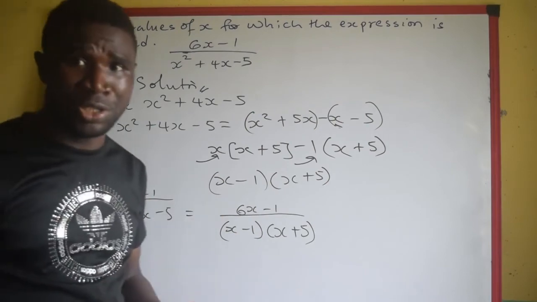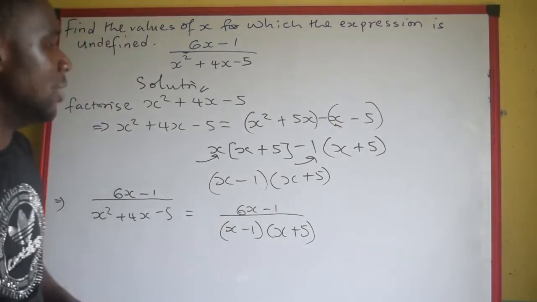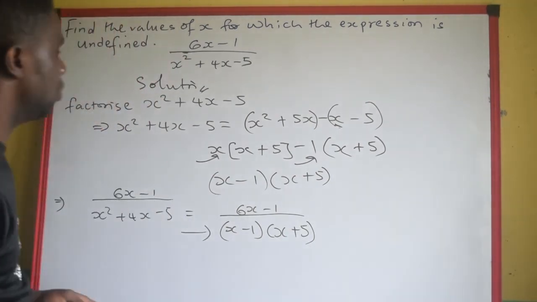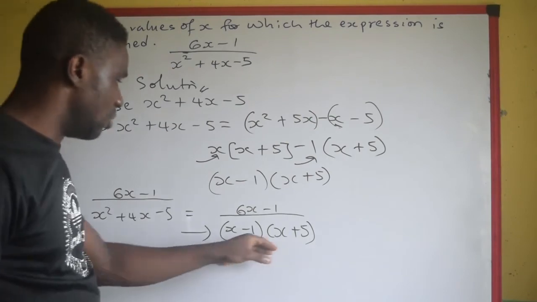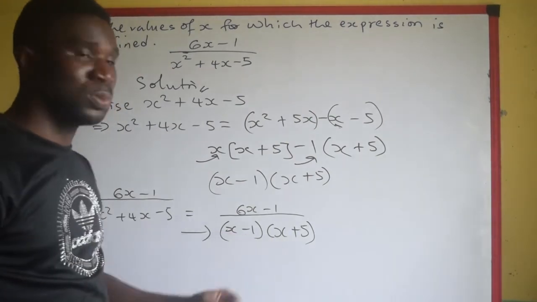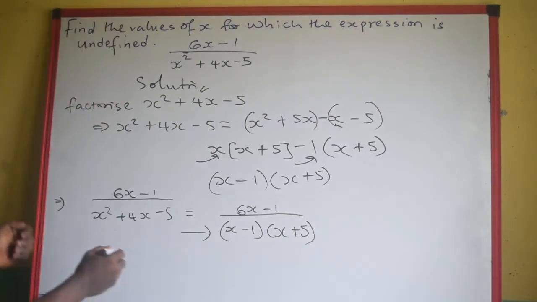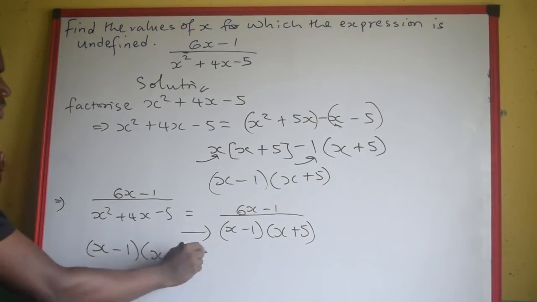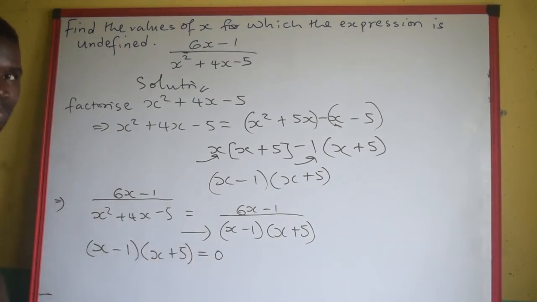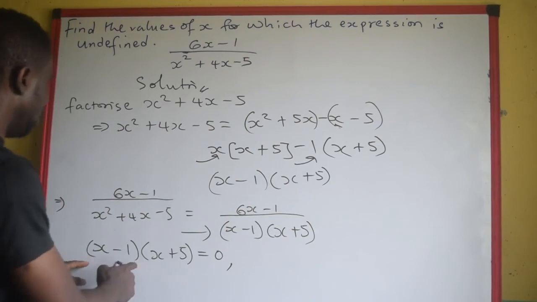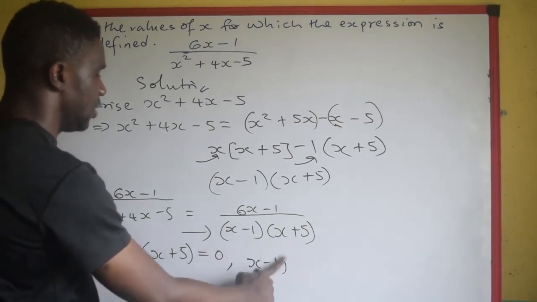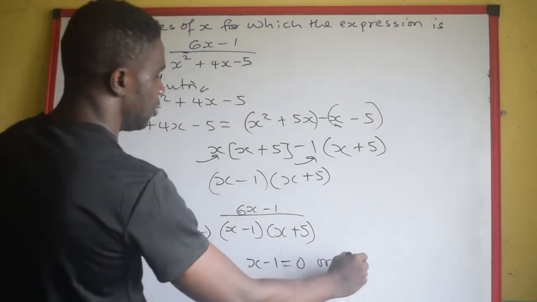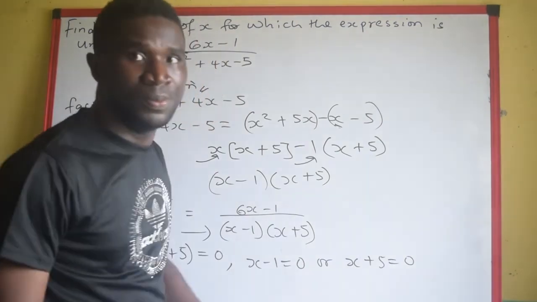Now, since you have tried your best to factorize it, we are still concerned with the denominator. For this denominator, which is x minus 1 in brackets times x plus 5, to be undefined, the denominator must be equal to 0. If it's equal to 0, it means that the first bracket, x minus 1, equals 0, or the other one, x plus 5, equals 0.